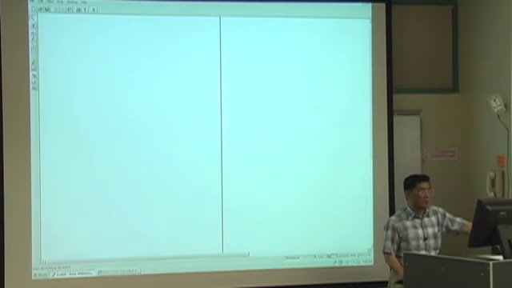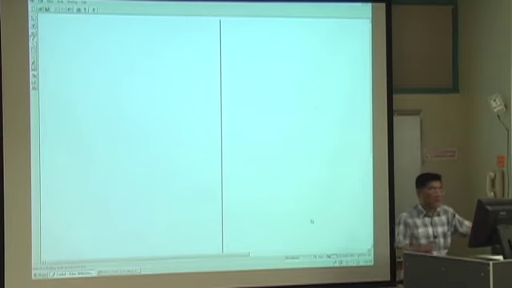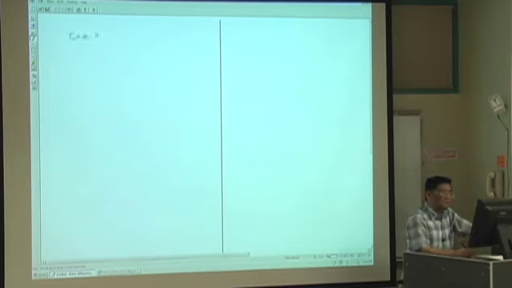So I will call the coefficient of k vector in the direction S1, right? So I will call S1, indicating S1 is equal to the coefficient, right?